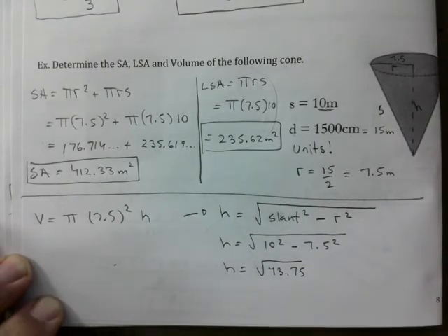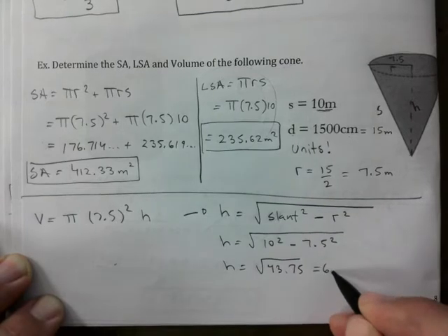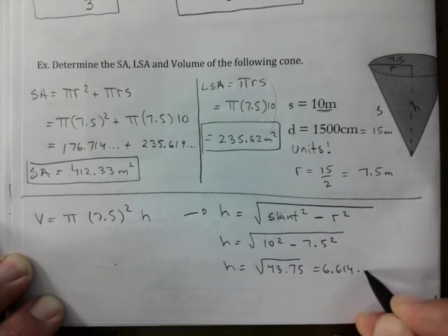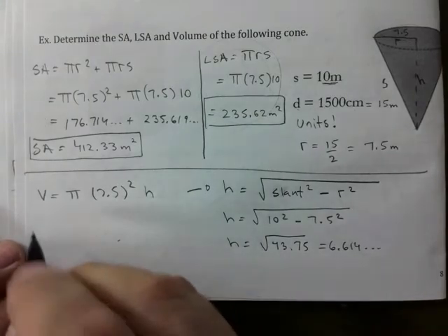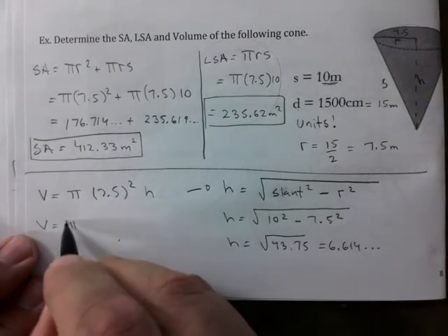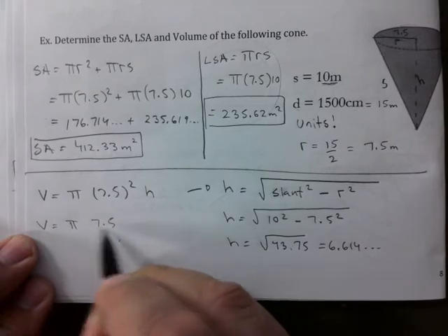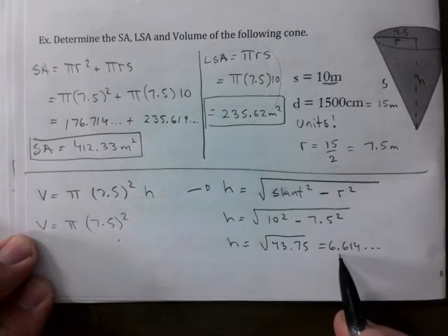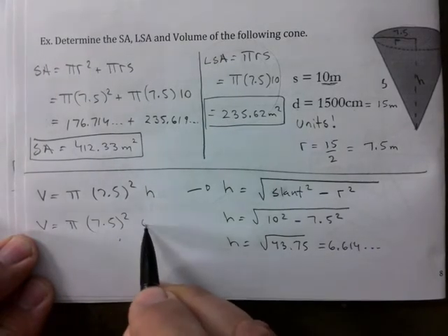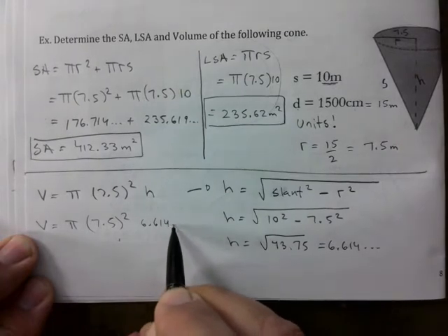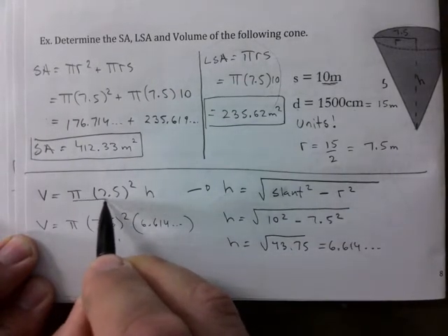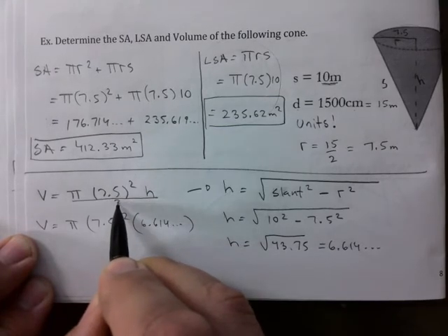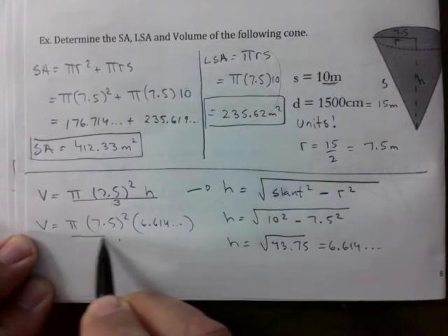And I hear a lot of clicking. That's good, especially after that mistake I made. You better stay alert. So it's pi r squared times the height. This is 6.614. Oh, let's make sure I drop the 3 here. It's very important not to do that.